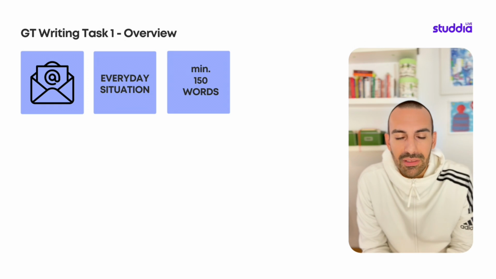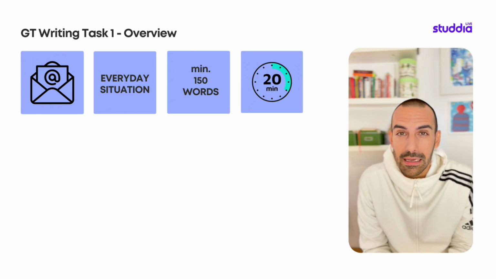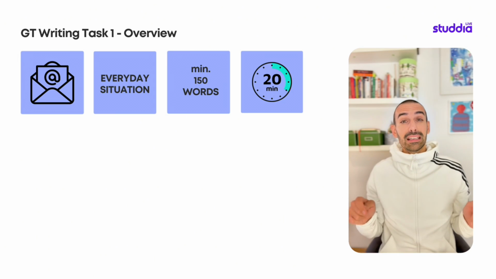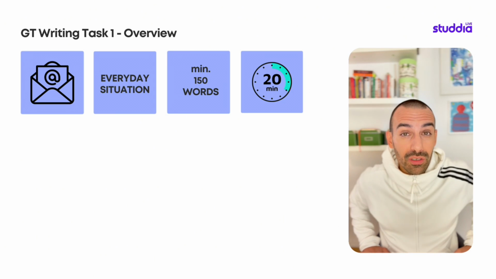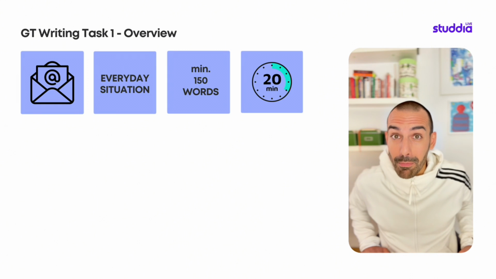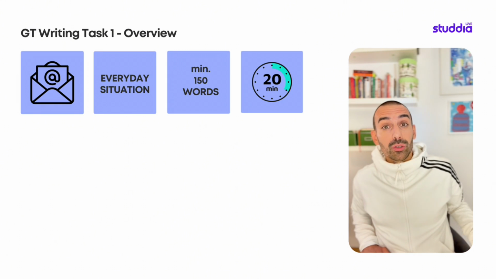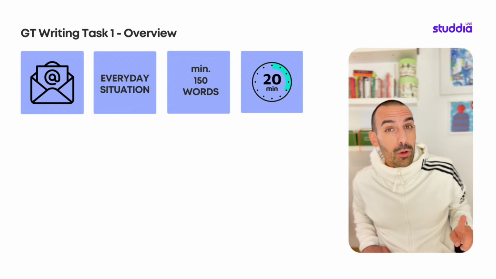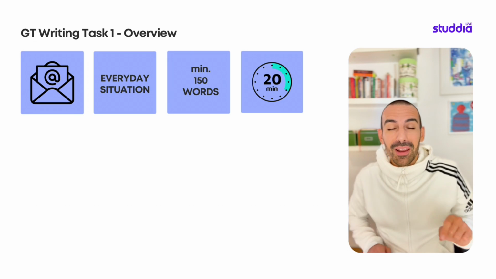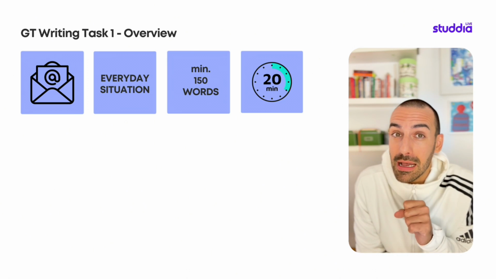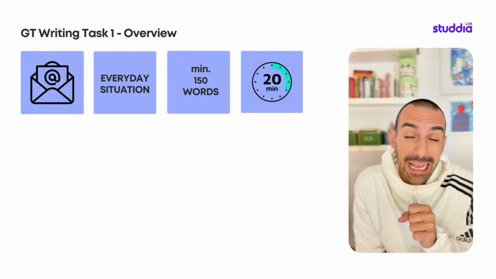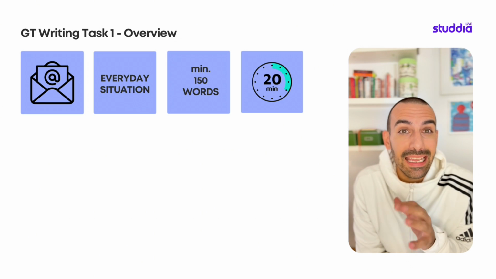It's recommended that you spend around 20 minutes on this task, which is 1/3 of your writing time. Writing significantly under 150 words will definitely lower your score, but writing over 200 words will not boost it. So if you're aiming for band 7, 8, or 9, your goal should be around 170, 180 words.